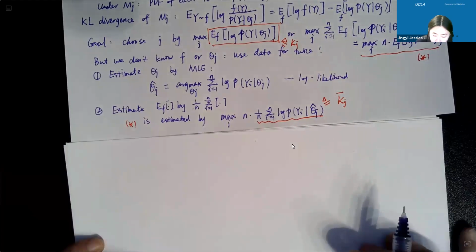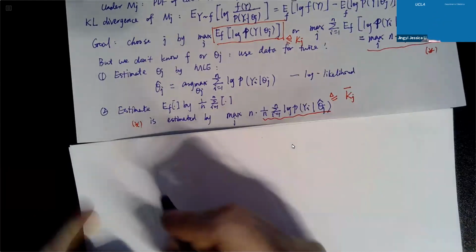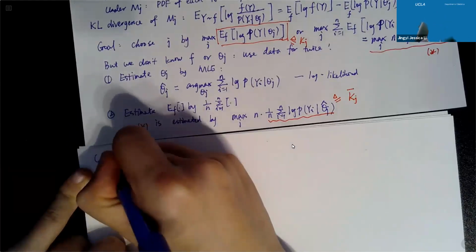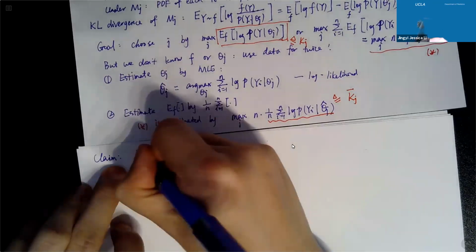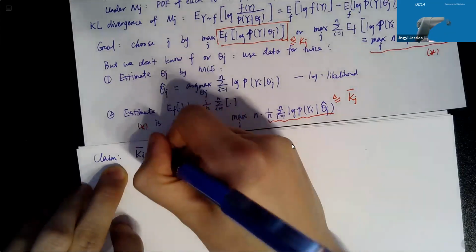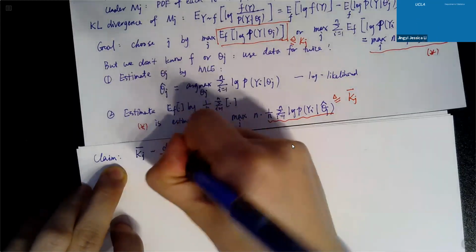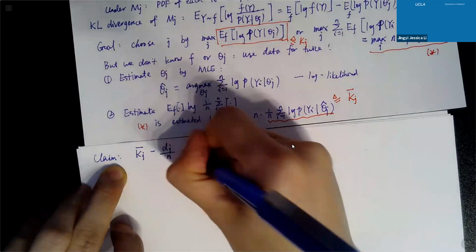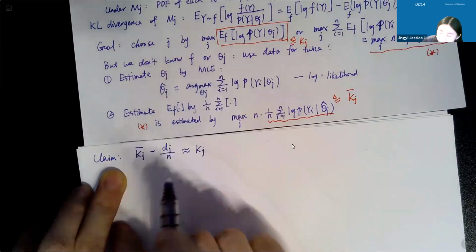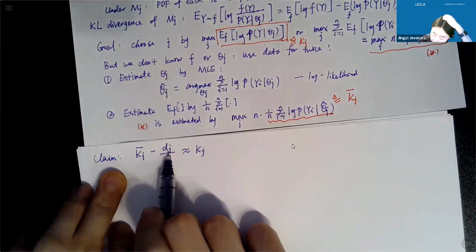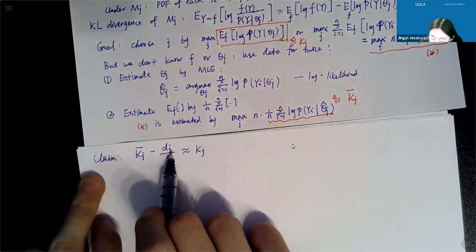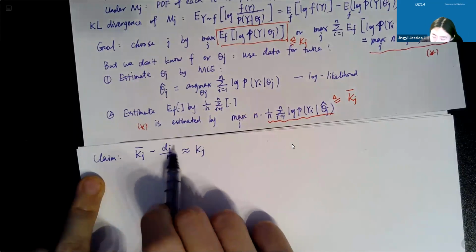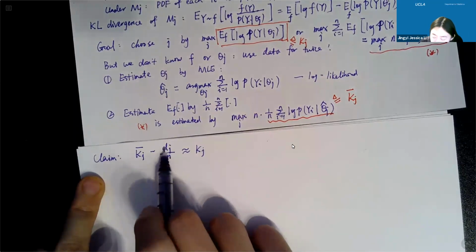Okay, so what we're going to do is to prove this. This is what the AIC result is: KJ bar is actually bigger than KJ by approximately dj over n. dj is the number of parameters of model J. The larger the dj, the more parameters model J has, the larger the bias.